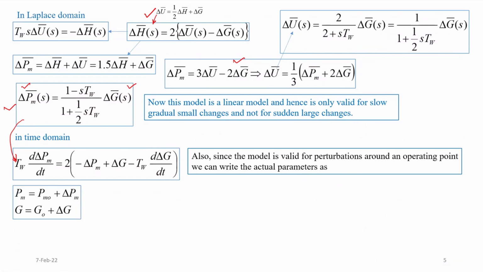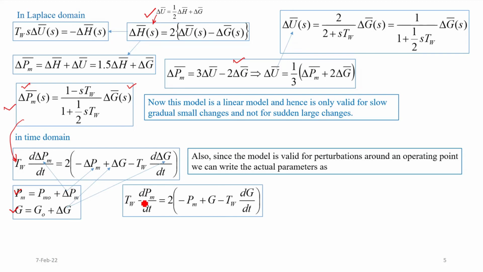If I want to express this equation in terms of actual parameters, I can write PM is equal to PM0 plus delta PM, and similarly G as G0 plus delta G. Now if I substitute this delta PM, delta G in this equation, it will become TW d by dt of PM equal to minus PM plus G minus TW d by dt of G.